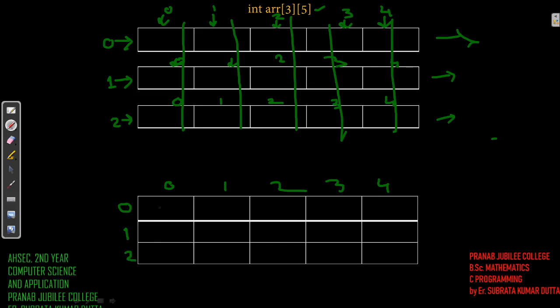Now see, if I have to enter some element here, how will I write it? What will be the index value of this block? In a single dimensional array, we directly write the index number inside one square bracket. But here we have to indicate two index numbers, one for the row and one for the column.